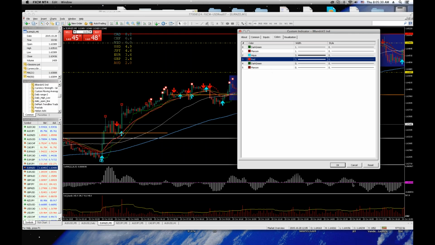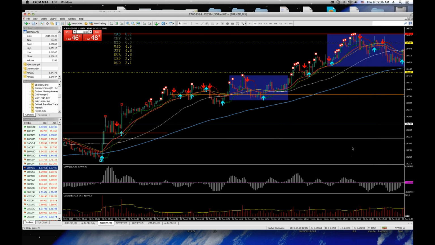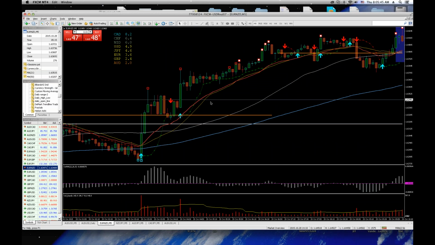Well, I take the dots and lines off, you know. Yeah, I know that, but I like them because they give me another kind of line in the sand to go by, and because they're a darker color, they don't interfere with the other stuff going on here. I got a couple moving averages and whatnot. Yeah, it makes sense.